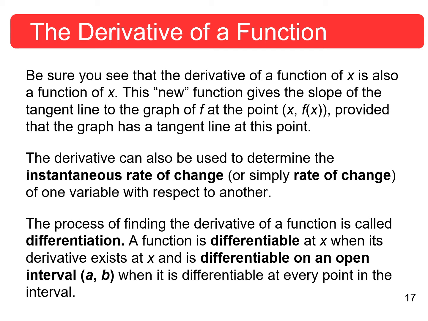The process of finding the derivative of a function is called differentiation. A function is differentiable at x when its derivative exists, and it is differentiable on an open interval a, b when it is differentiable at every point in the interval.